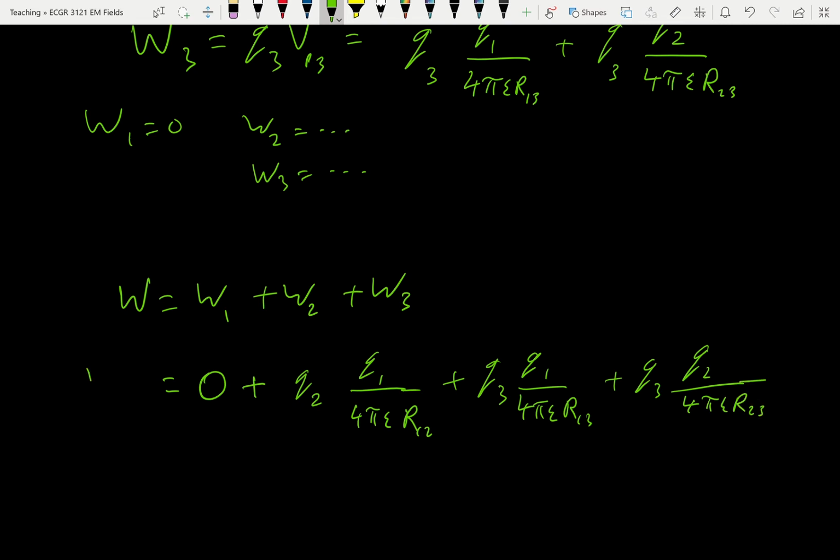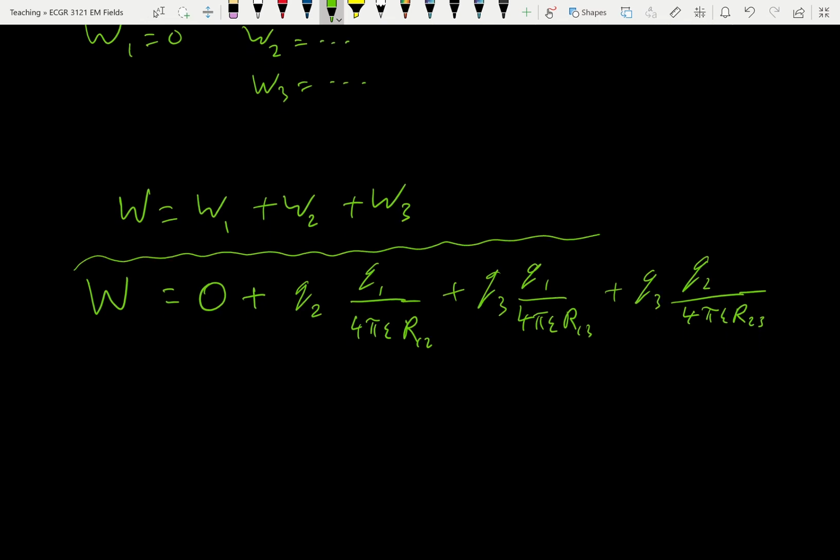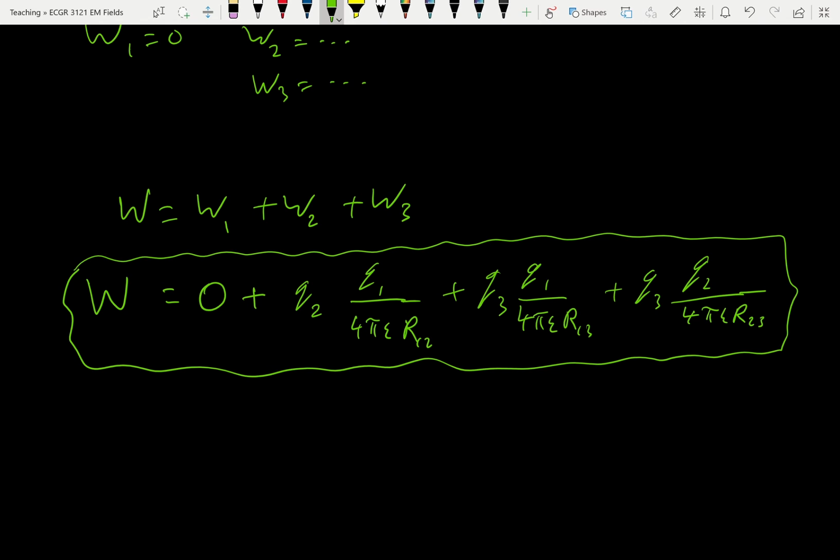So this is the total amount of work needed to build that system of 3 charges. Therefore, logically, the amount of work you use to build the system gets stored in the system. So this is the amount of energy stored in this 3 charge system.